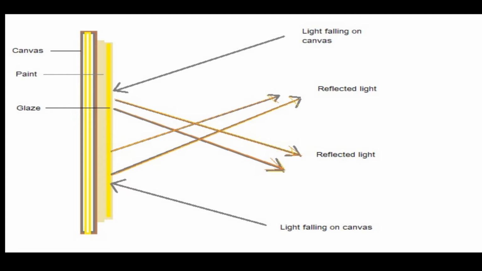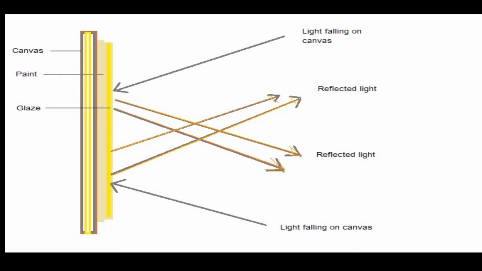Do pay close attention to this diagram. The thick vertical line that you see is of course the canvas, and to the left of it you can see the three labels which say canvas, paint and glaze in the same order. So on the canvas you have the layer of opaque paint, that is the painting that you do, and then it's covered with a thin layer of glaze.